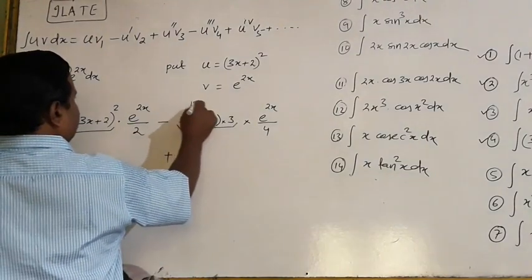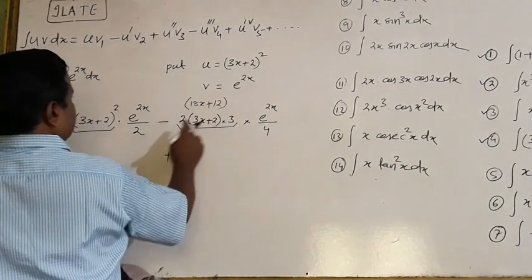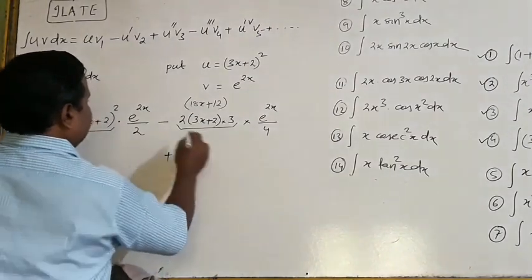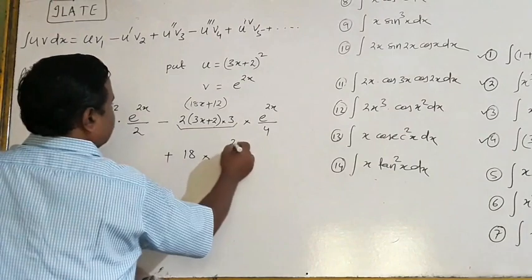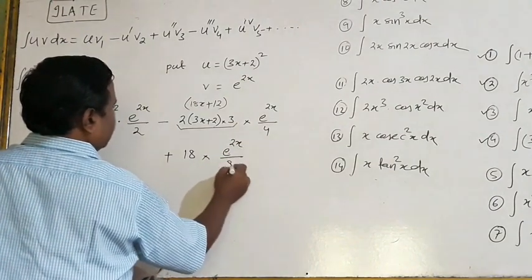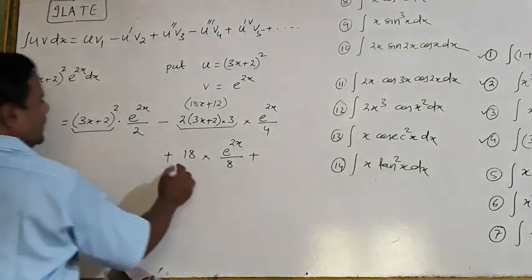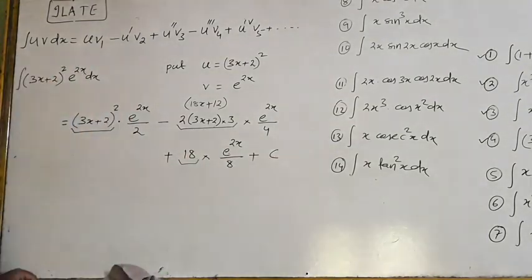Naturally, it is 18x + 12. This part is the total result, and its derivative is 18 into the integration of e^(2x)/4, which is e^(2x)/8. Plus, as it is constant here, its derivative is 0, then you should write this c.